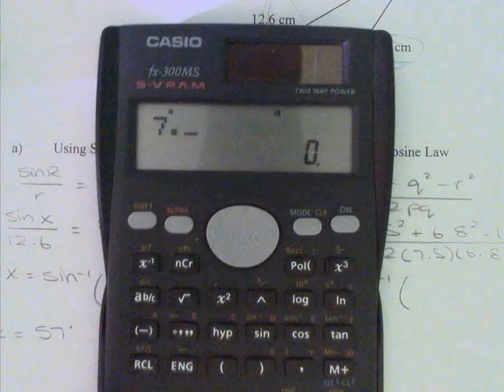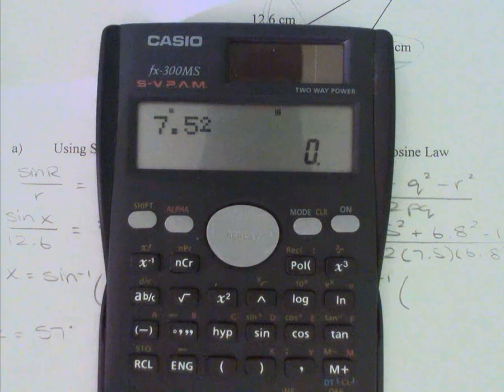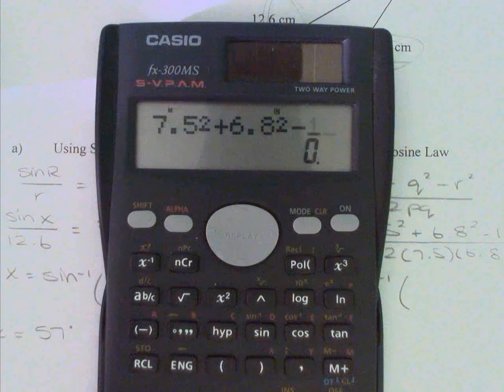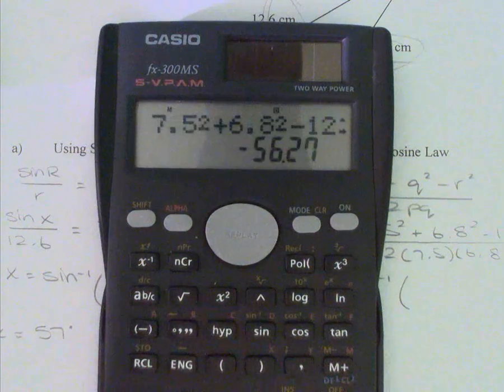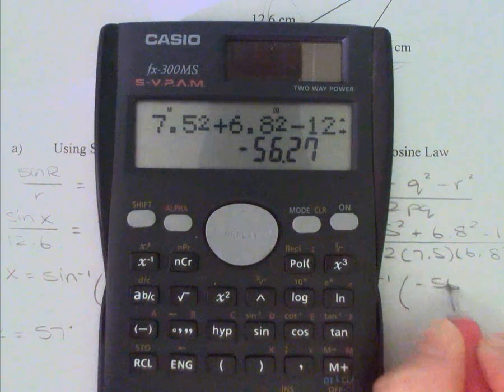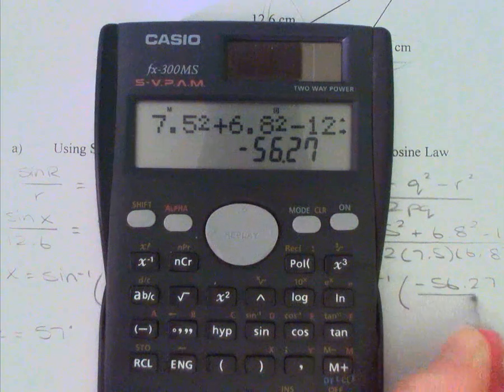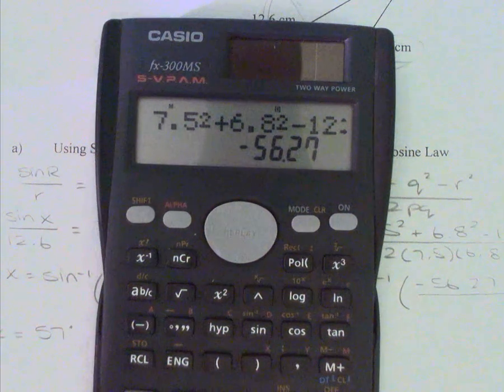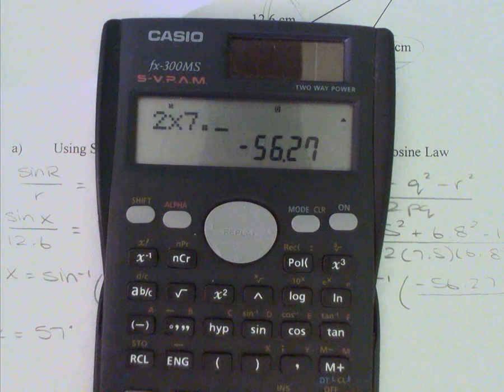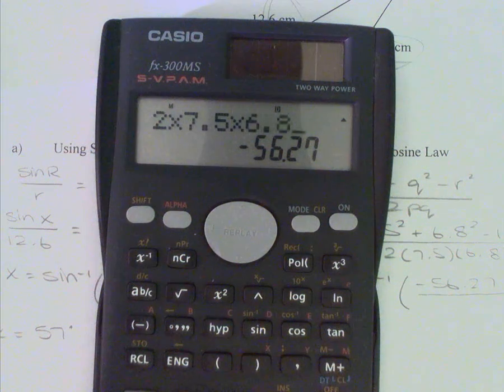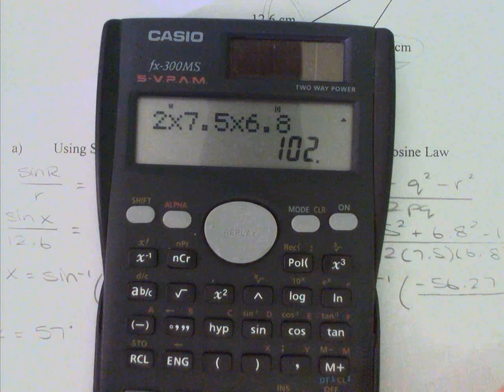I'm going to do the top, which is 7.5 squared plus 6.8 squared minus 12.6 squared, and that gives me minus 56.27. And on the bottom I'm going to get 2 times 7.5 times 6.8, and I get 102.